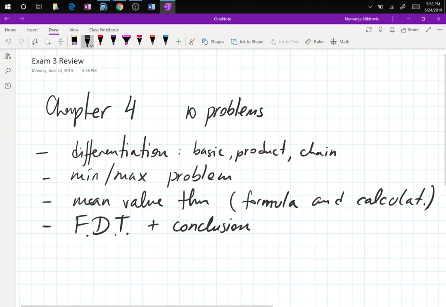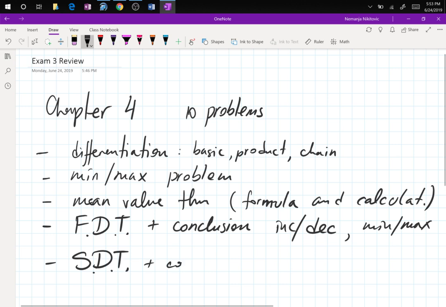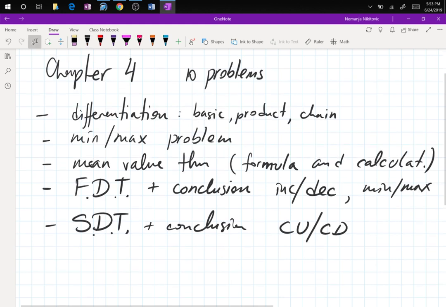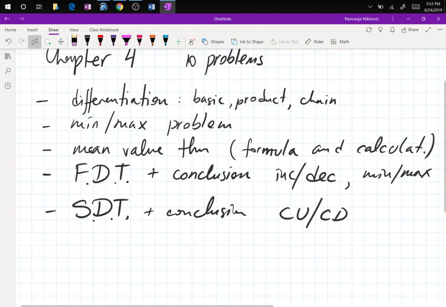That means increase, decrease, min-max. Second derivative test plus conclusion, which is concave up, concave down.